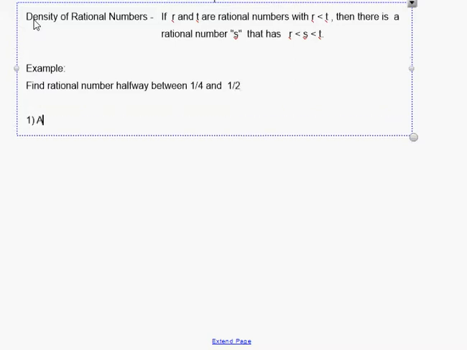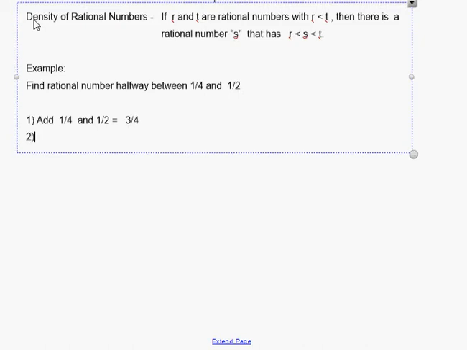Okay, step 1 is add 1/4 and 1/2, and we get 3/4. Step 2 is divide the sum by 2. So if we take 3/4 divided by 2/1, we get 3/8.